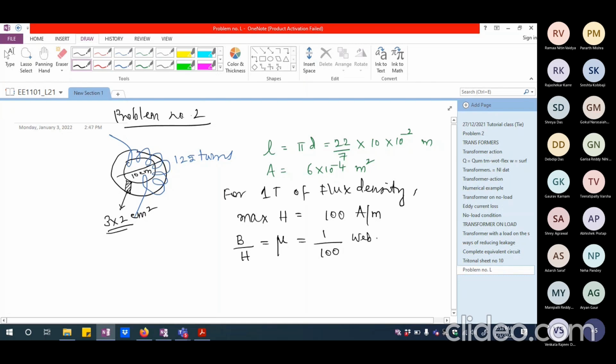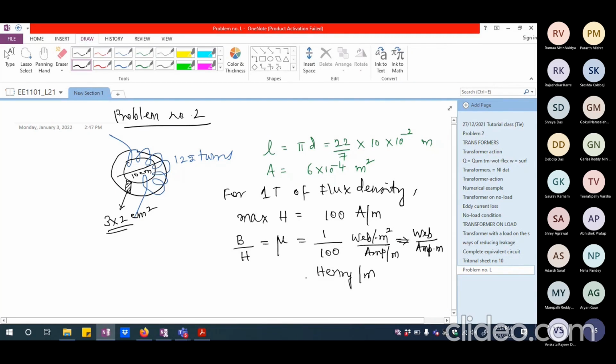The unit is Weber per meter square divided by ampere per meter, so that gives Weber per ampere meter, which is the same as Henry per meter.